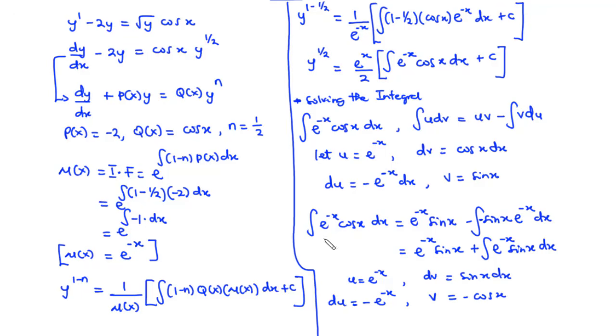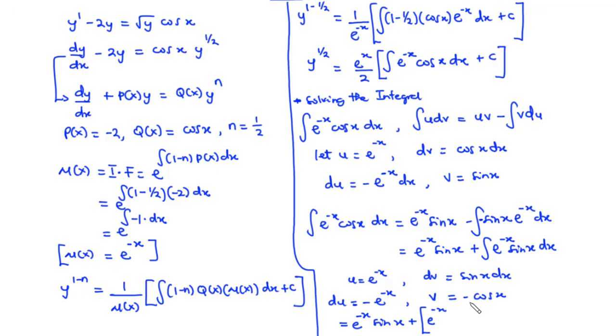So we have this integral to be equal to e to the power negative x sin x plus, we have our bracket. Now the bracket is going to contain the integral of this. So using this formula, we have u is e to the power negative x times v.